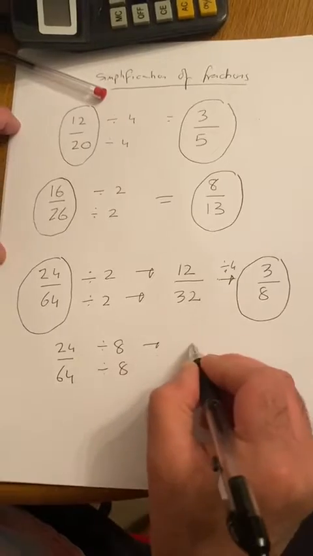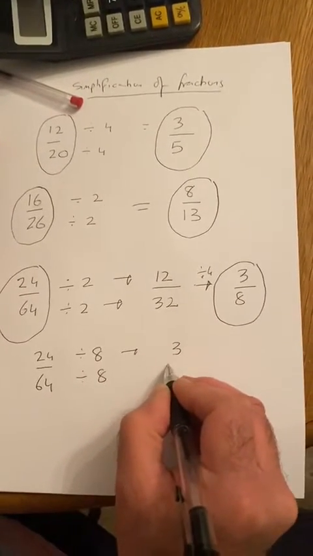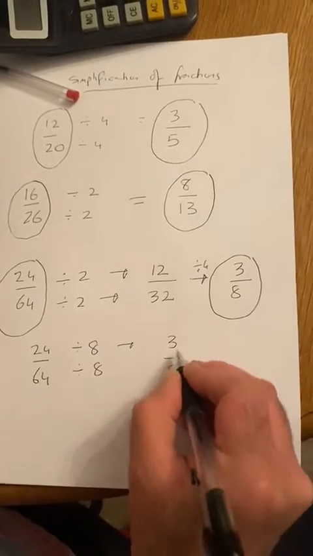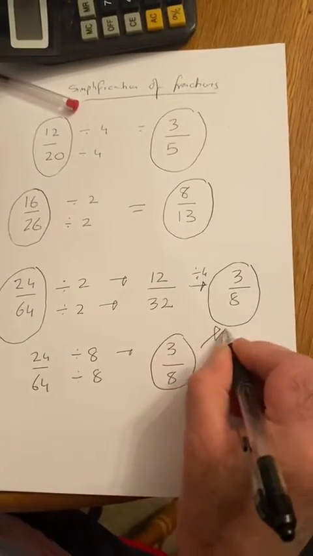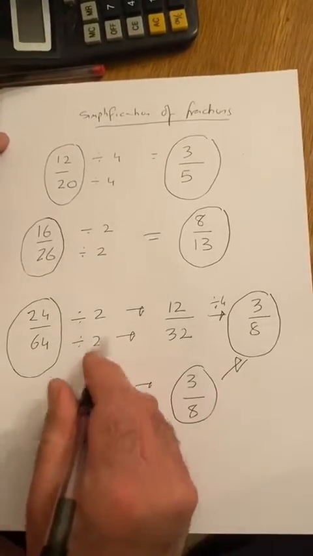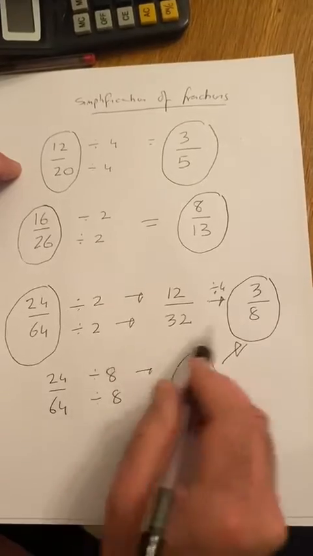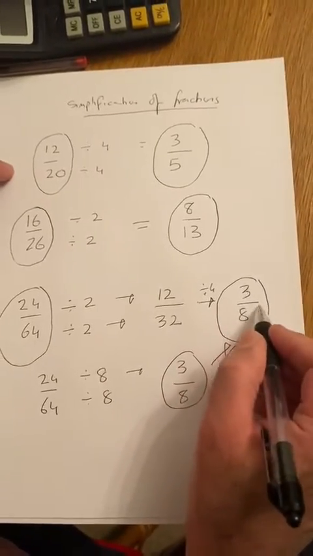This would have given 24 divided by 8 gives 3, and 64 divided by 8 gives 8. Same as this. But if you're not sure, start with a lower number and continue to divide until you get the lowest terms.